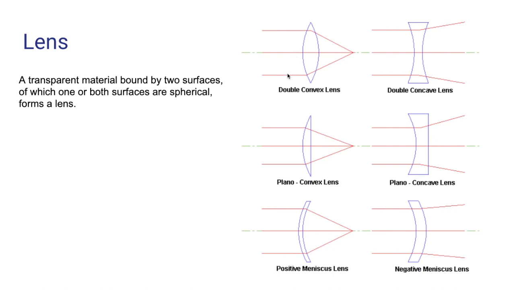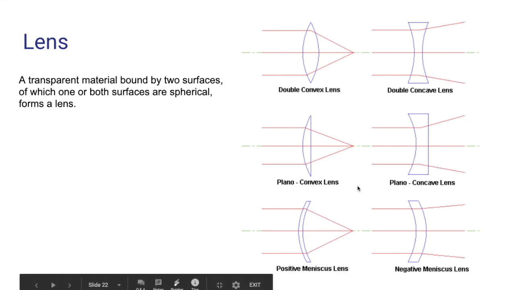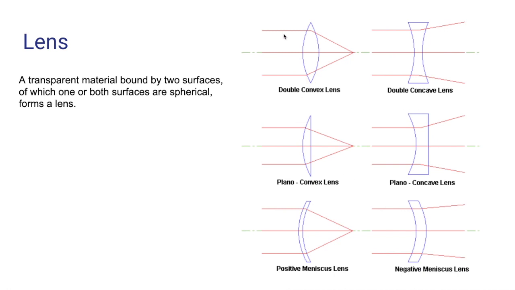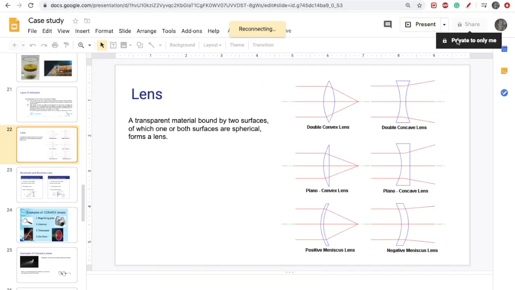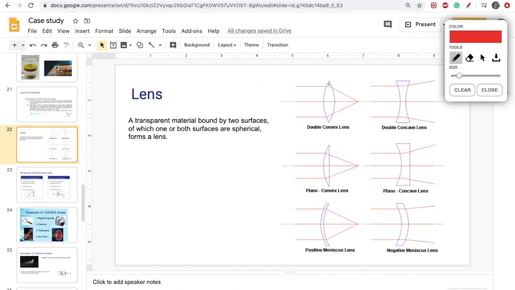Okay, the surface of the specs is spherical, so that is also a lens. Actually any transparent medium which is bound by two surfaces, either one of which is spherical, is called a lens. Now there are these six types of lenses. Double convex lens, in which both the sides are convex. In mirrors we had only one like this, but in lenses it is a medium through which the light passes.